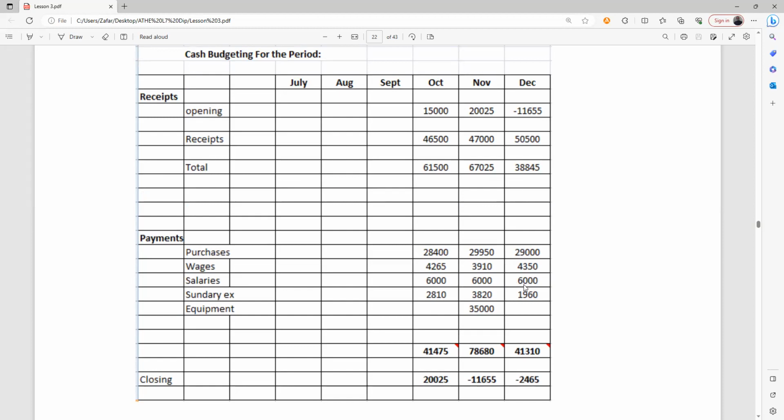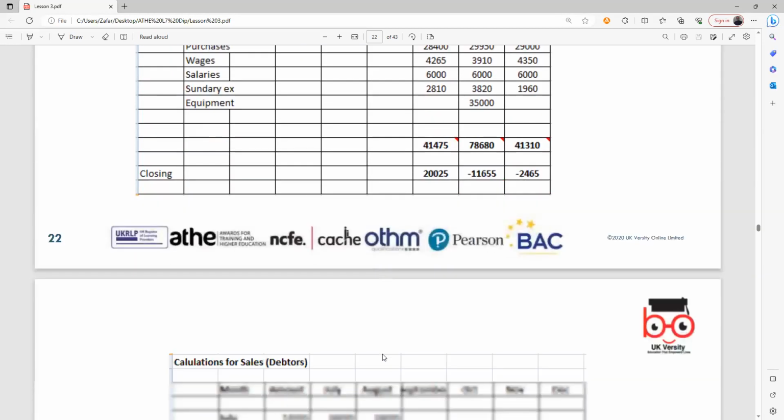Your total payments are 41,310. Still, you are short by a minus figure of 2,465. So the whole thing is minus. In December, you are into debt, minus 2,465. That's your cash budget, minus cash.